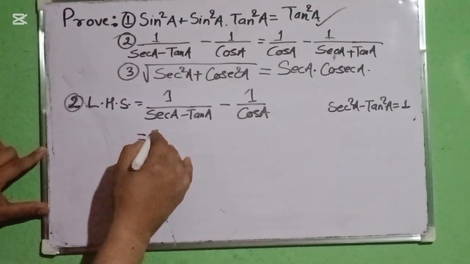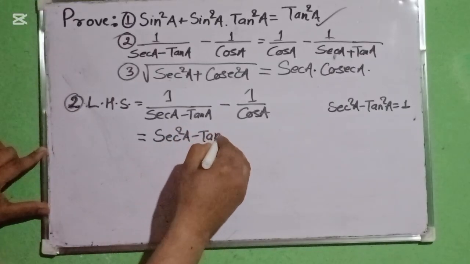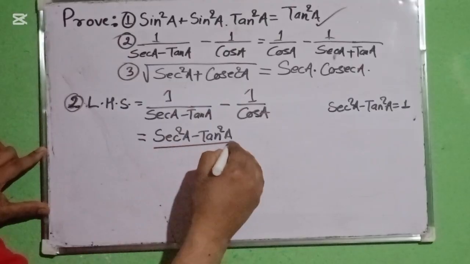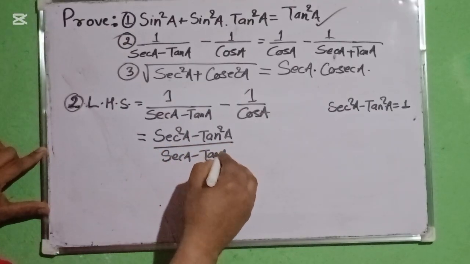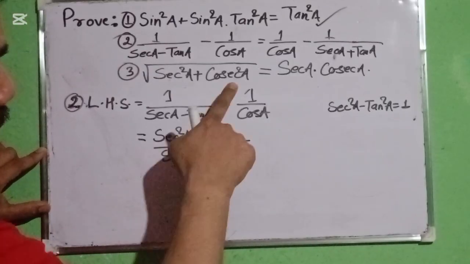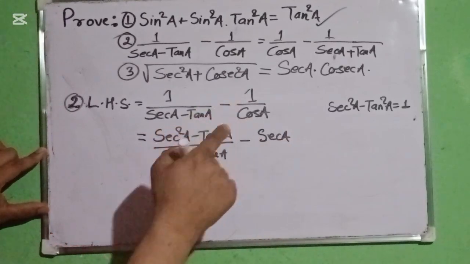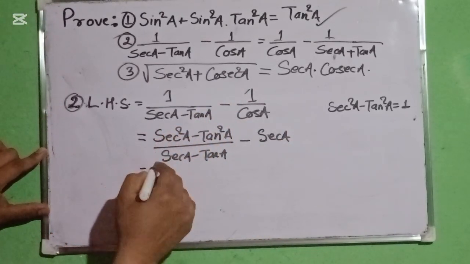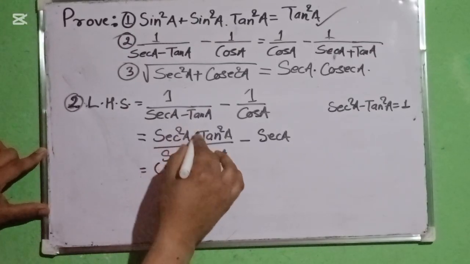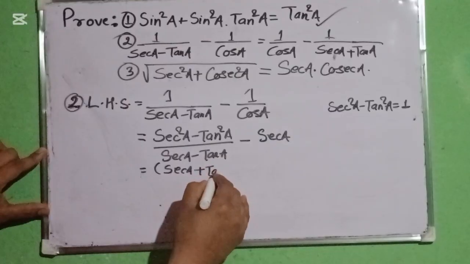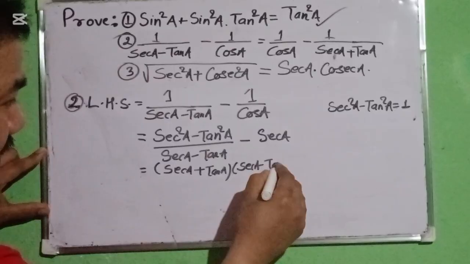That's why in place of 1, we can write sec square A minus tan square A, and write the denominator the same, sec A minus tan A. And we know that 1 by cos A means sec A. Then when you open the formula of sec square A minus tan square A, it means sec A plus tan A, and the next factor is sec A minus tan A, okay?